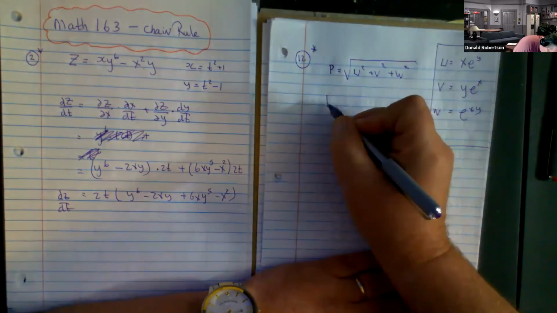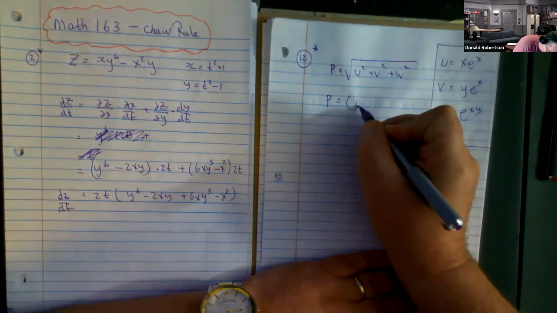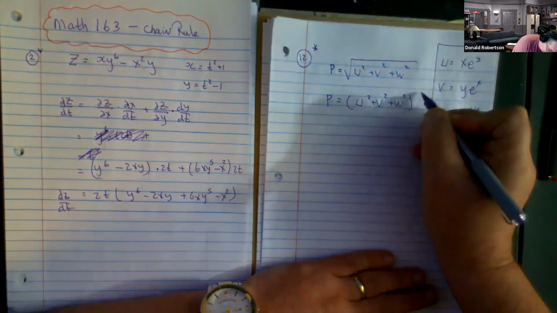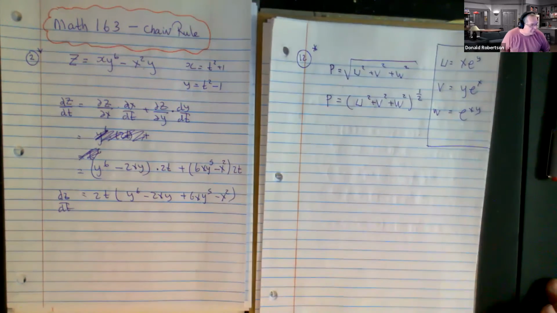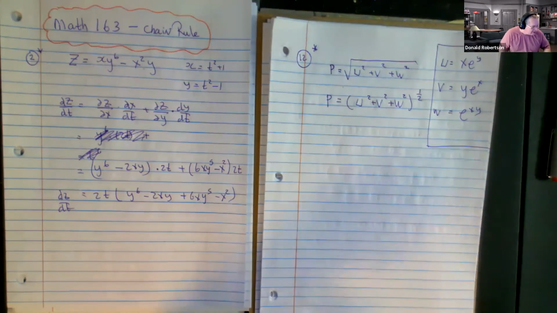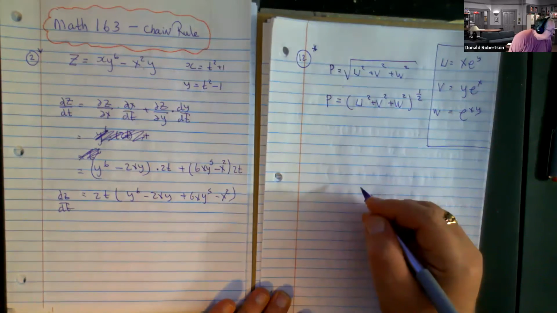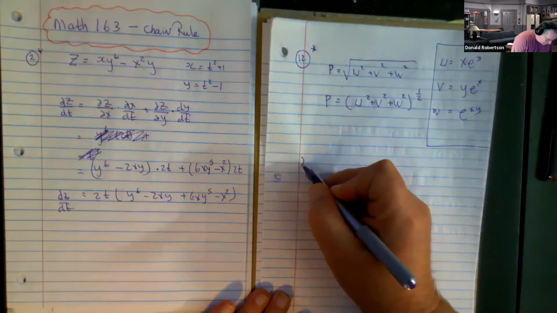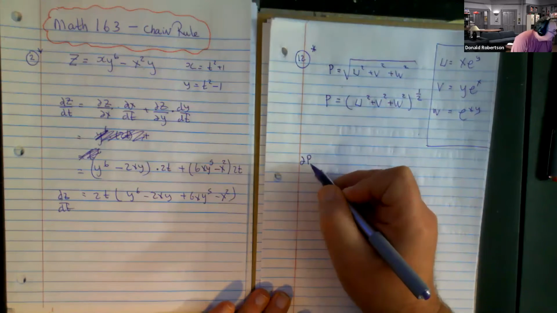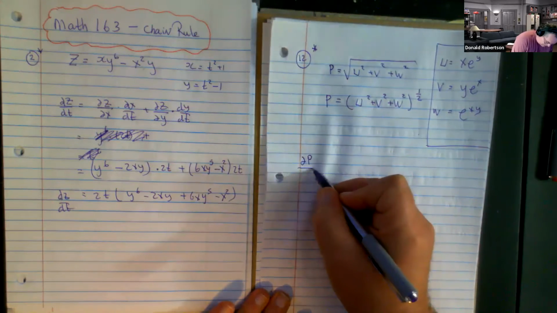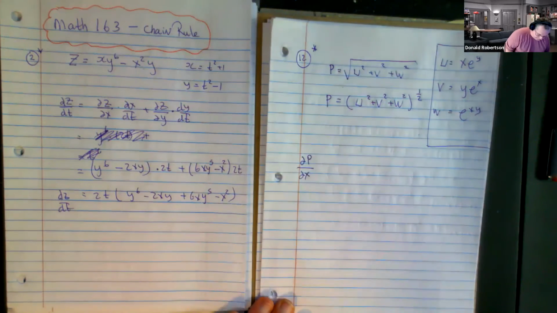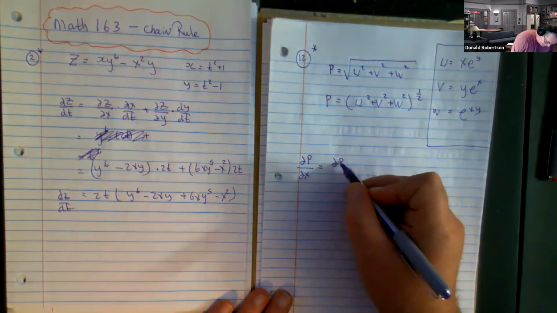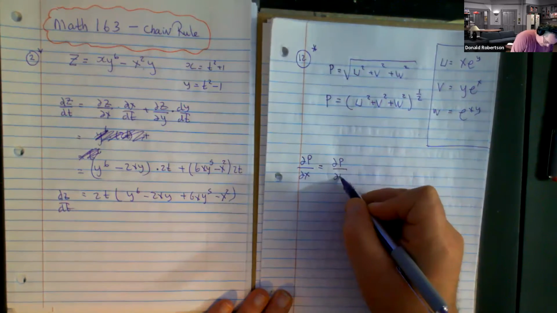I'm going to do a little change to this guy. I know I'm going to differentiate it, so I might as well set it up so it's ready to get differentiated. And the guy that we're going to do is we're going to find that one, which means that we're going to have to set up the chain rule formula for it.